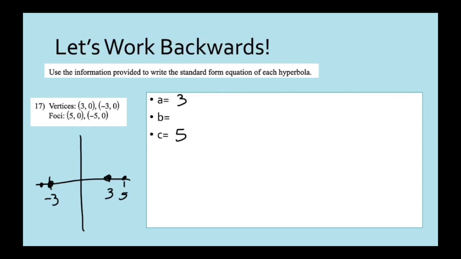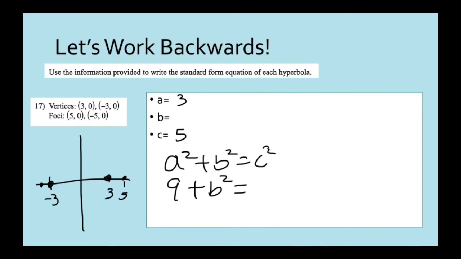But I don't have a b value. But we can find the b value by using the Pythagorean theorem. 3 squared is 9. The b value is what we're looking for. And c squared is 25. Subtracting that over, I'll get b squared equals 16. So b is 4.